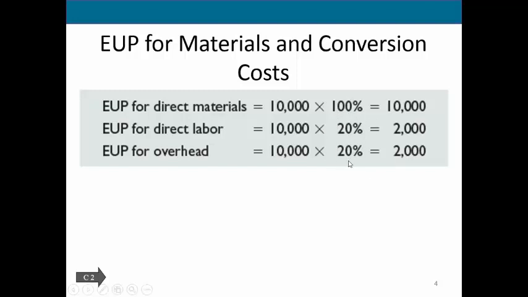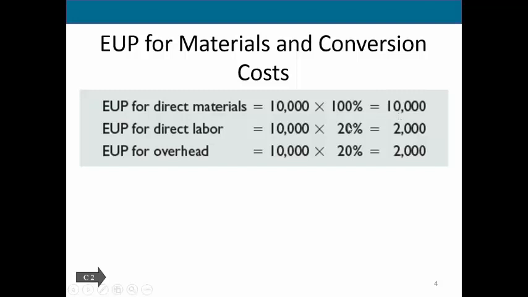So for example here, if we have 10,000 units that are moving through our overall process, we're saying that we have already put all of the materials in. So as far as direct materials are considered, these are 100% complete. So we would say, as of direct materials, the equivalent units are 10,000 units.